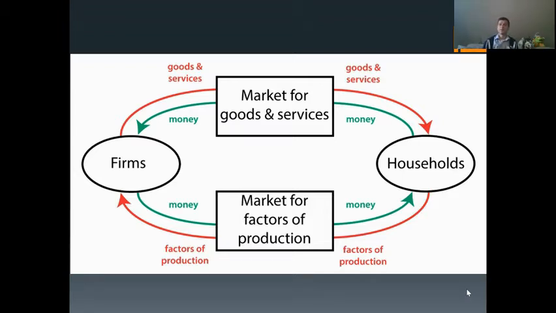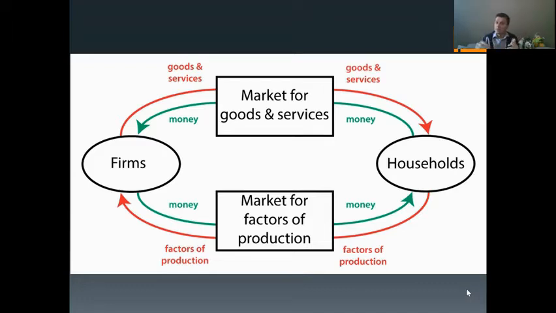So firms then have the money. What do firms have that they supply into the market for goods and services? Well, that would be the goods and services. So they supply the goods and services into the market, which then go to the households in that direction. If we're now looking at the bottom of the circular flow diagram, we now see that everything has flipped because firms now have the money, households don't.